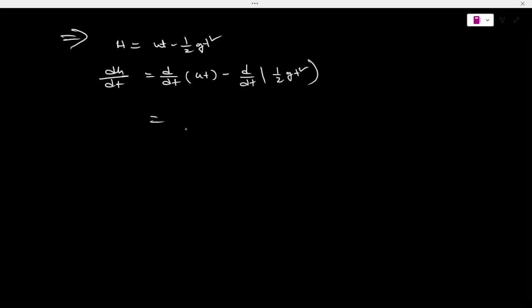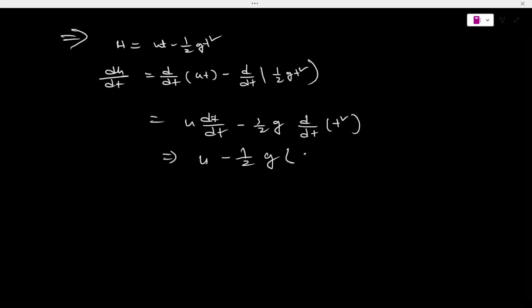So for that case it will be u into the partial derivative, minus half g d/dt of t squared. So it will be u minus half g into 2t. After that it will be u minus, so 2 will be cancelled out, gt.